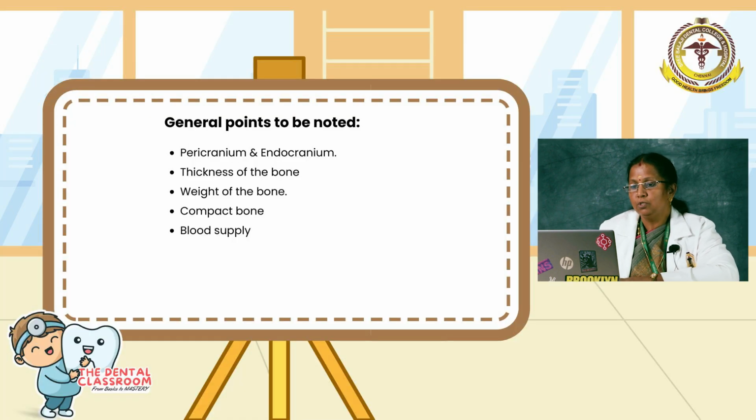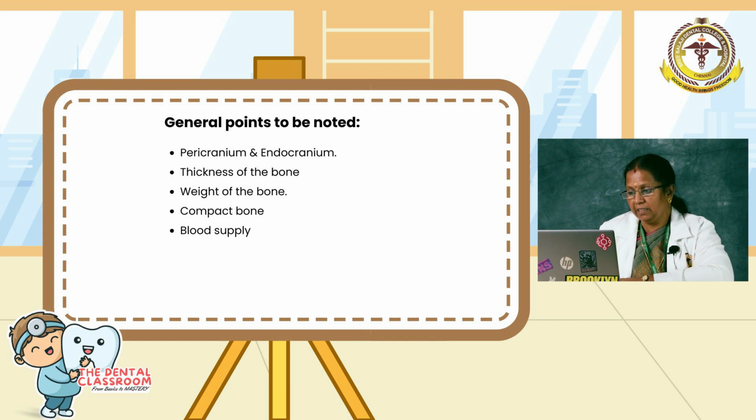After cutting the vault, we will be able to see the cranial cavity. This cranial cavity, we can call the base of the skull or the interior of the skull. To be noted before, a general point: what is pericranium? Pericranium is a membrane which covers the outer surface of the cranial bones. Normally, the membrane which covers the bone is called periosteum.